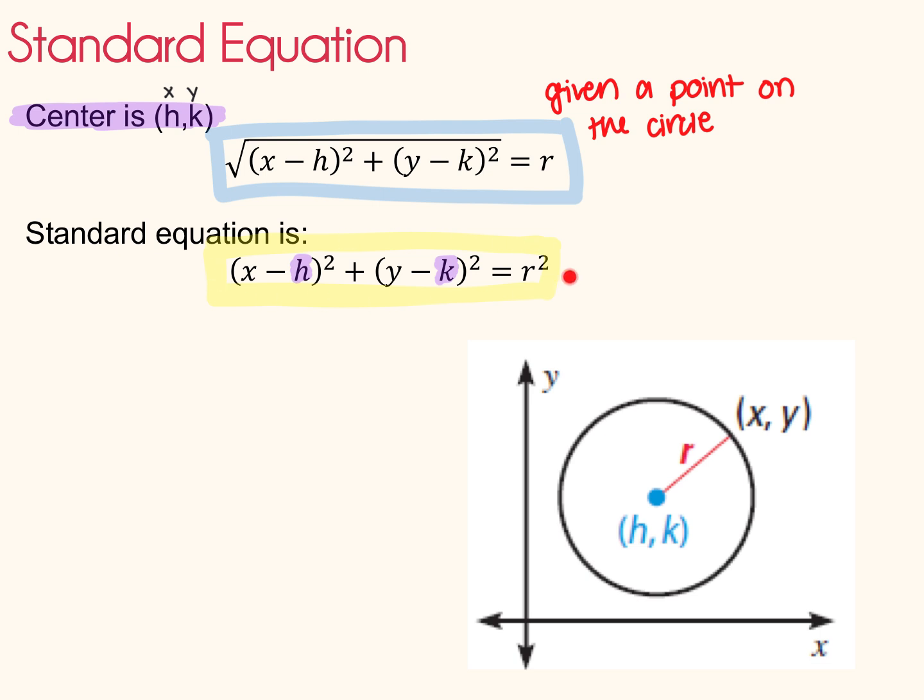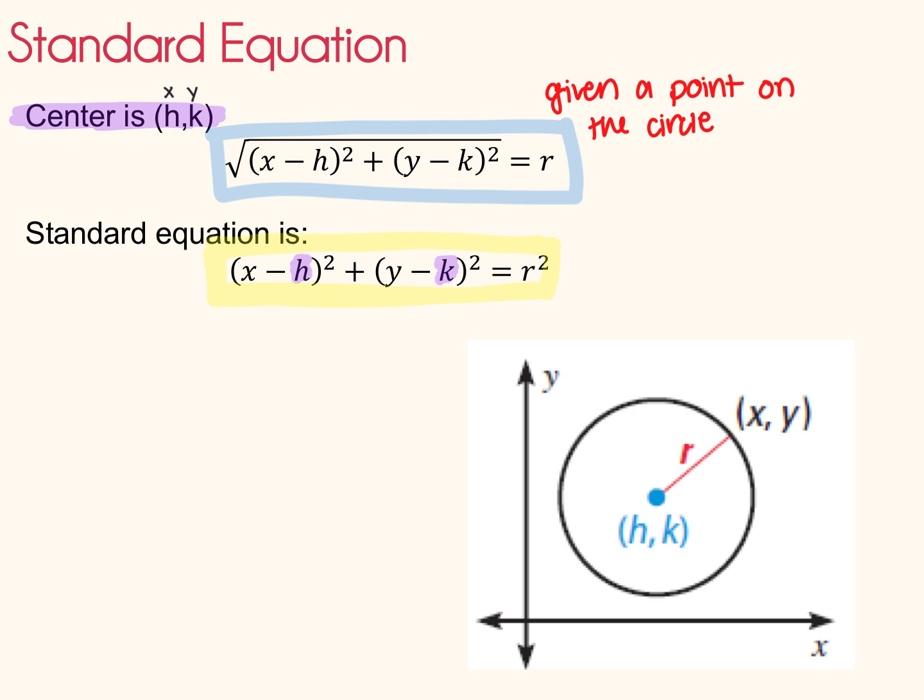But this is how your standard form should be written: x minus the x value of the center of the circle squared plus y minus the y value squared equals your radius squared. This one you're solving for your radius. I know, I'm just asking if you were to do the math for either of them, would they give the same number for the radius?